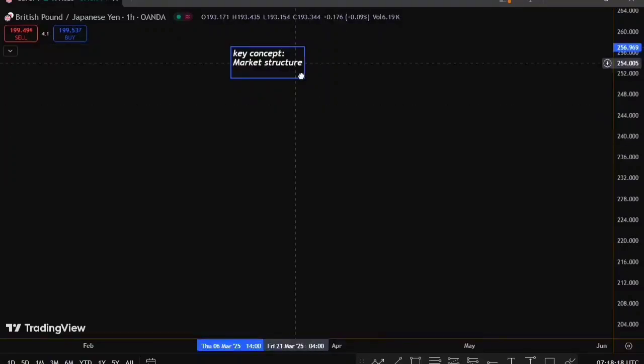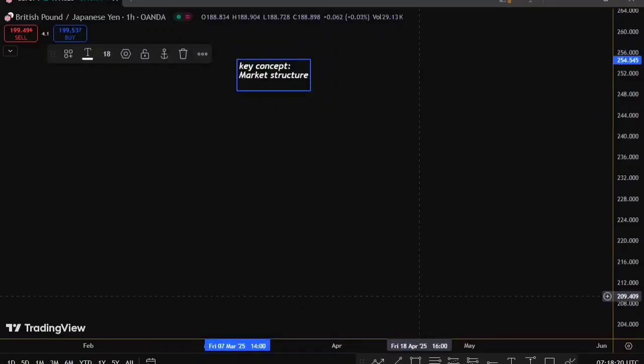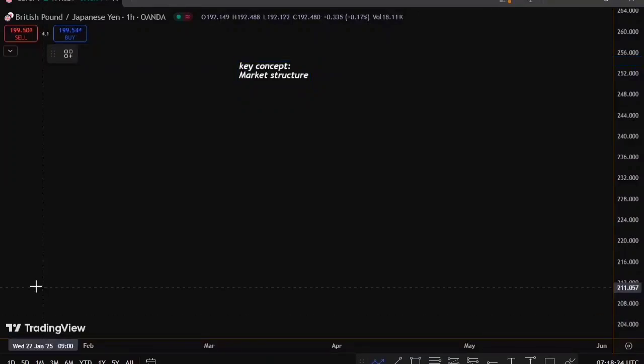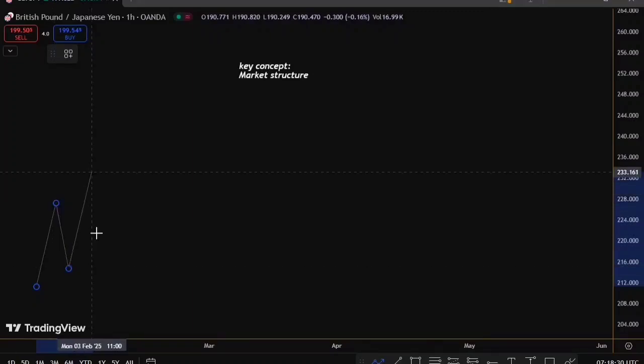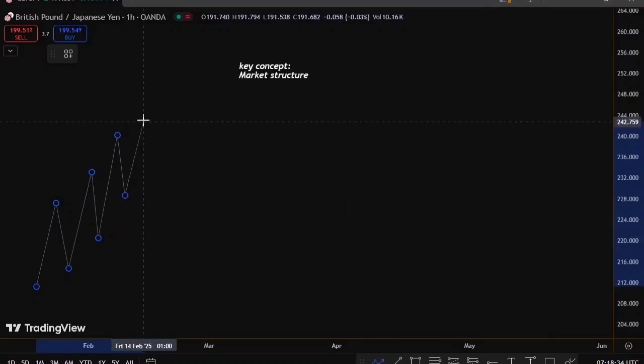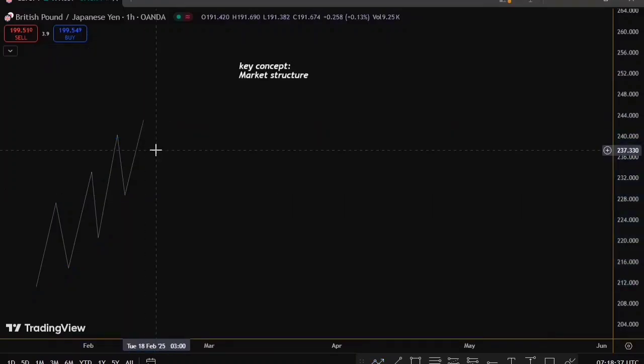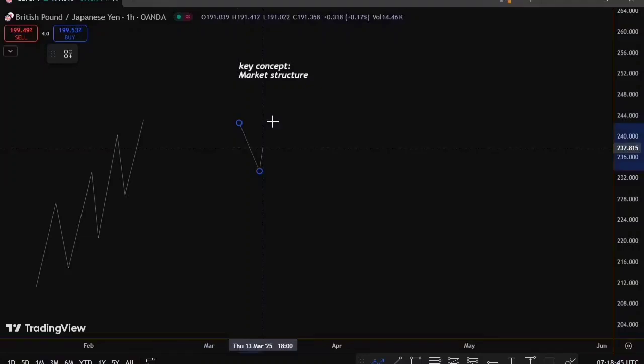Now, we have three basic market structures. First is the uptrend. When you see price creating higher highs and higher lows, this is considered an uptrending market, which signifies buyers being the predominant people in this market. We have the downtrend, when price creates lower highs and lower lows.